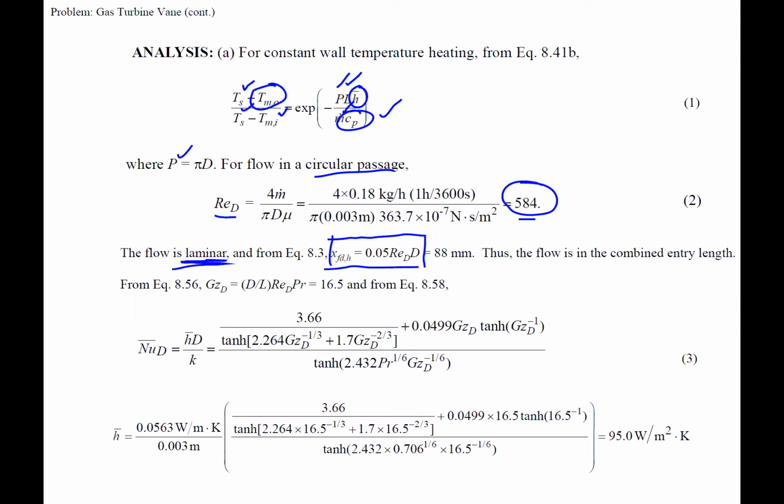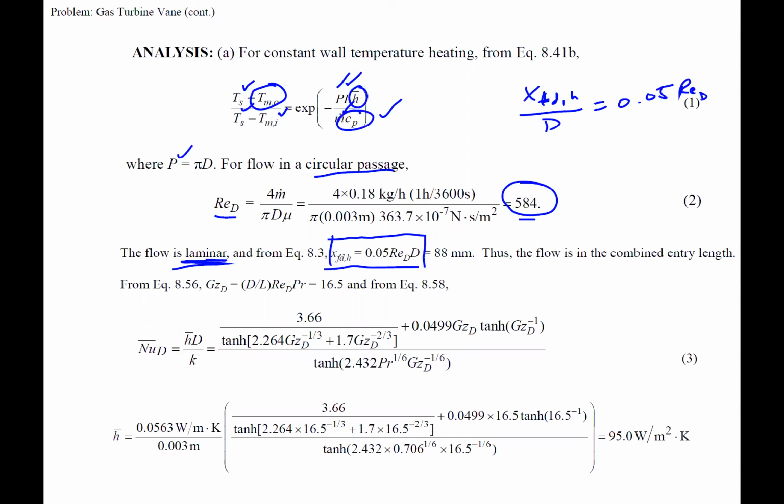It was X over D in the slide, but they're just rearranging it to solve for this, and we get 88 millimeters, and our length is 75.